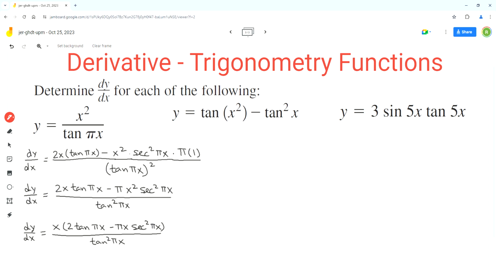Now in order to make it easy to find the derivative, we can modify this equation by putting the square on tan x in the second term. Now we can find the derivative of this function.